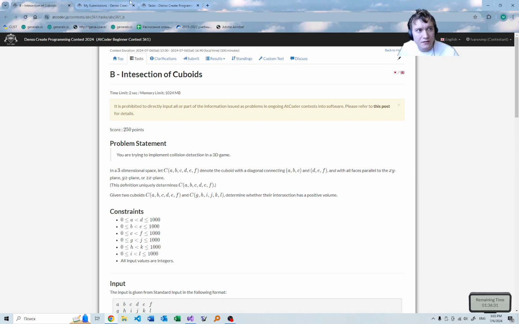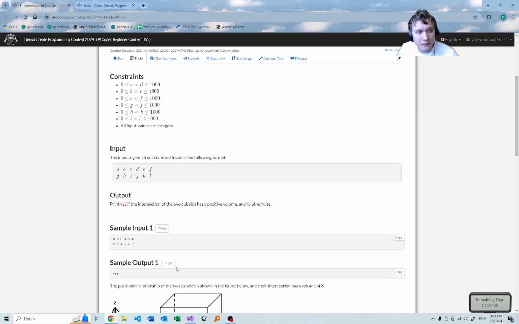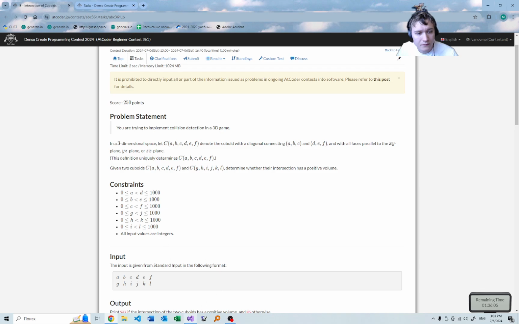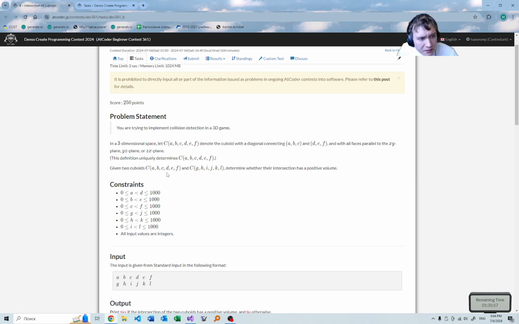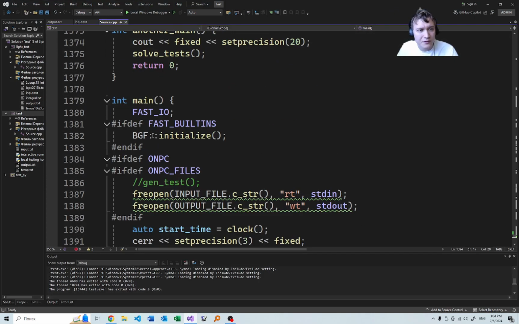Intersection of cuboids. A cuboid with a diagonal connecting these points. Okay, I need to read 12 numbers.